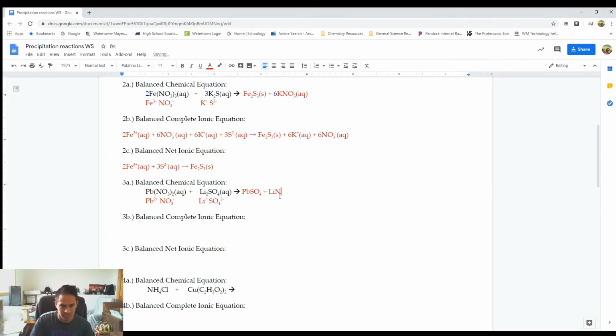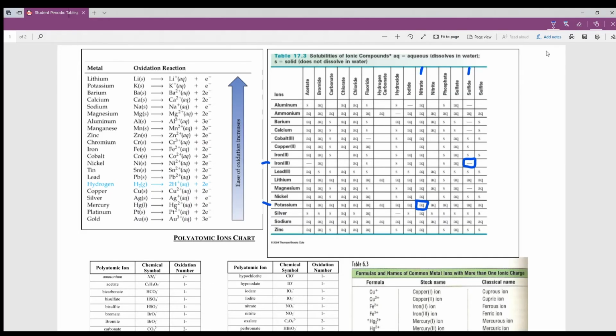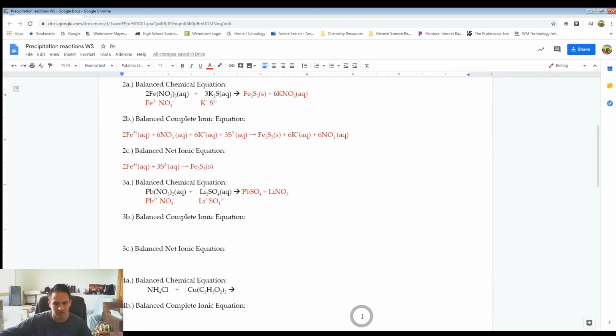So we'll get LiNO3. And then we need to go check to see if these are going to be aqueous or not. So let's go back to our chart. We have lead(II) sulfate is one of them. So let's check that one. So lead(II) is here. Sulfate is here. And we see that that is a solid, so that is perfect. So one of these is already a solid, so let's go mark that on our sheet.